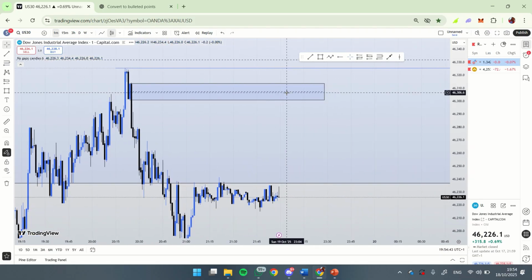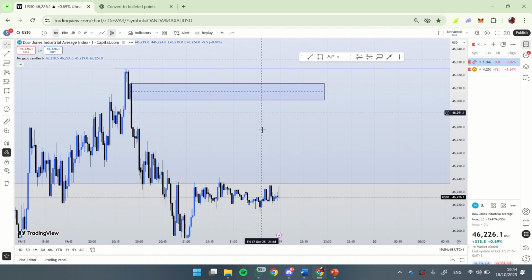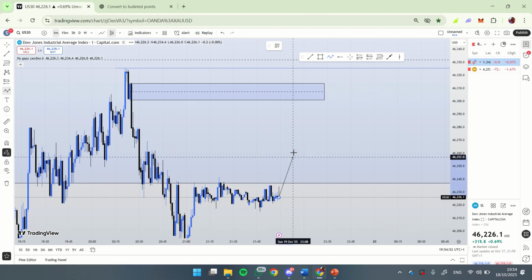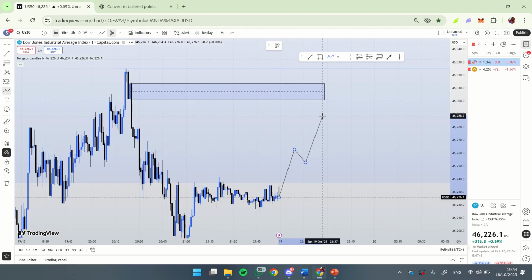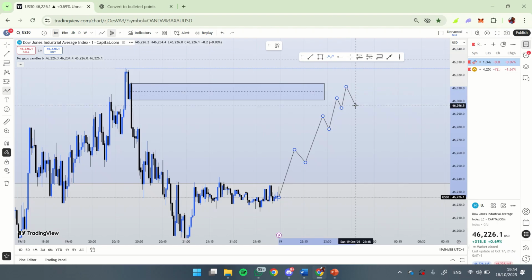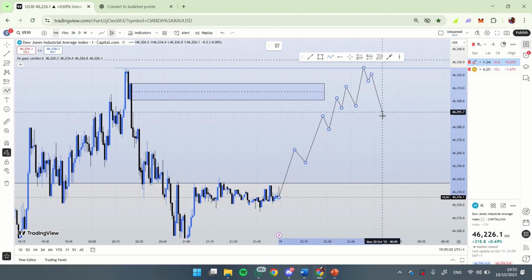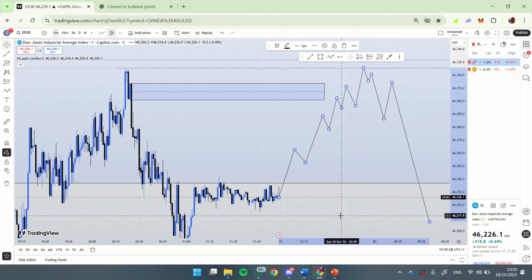And should price come here, I'm not just entering, I'm going to see what price is doing. So let's say price happens like this and it's coming up to this zone, right? And it did something like this, and it did something like this. I would enter here, then I'll take it down.